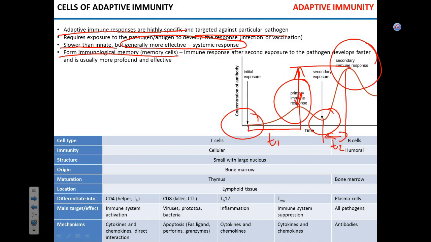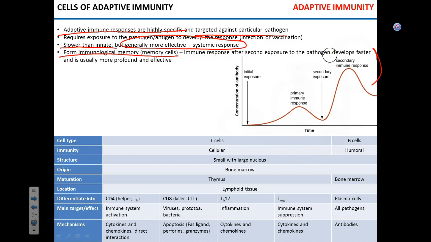Meaning that if you are vaccinated, your immune system will respond to that same pathogen much faster and in a much stronger fashion. That is what enables us to eliminate or protect humanity against multiple infectious diseases.